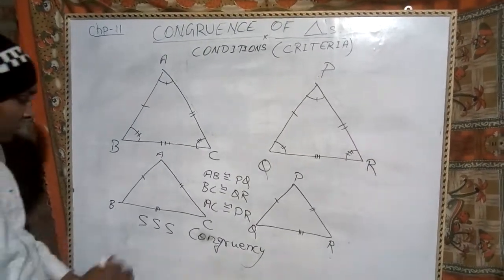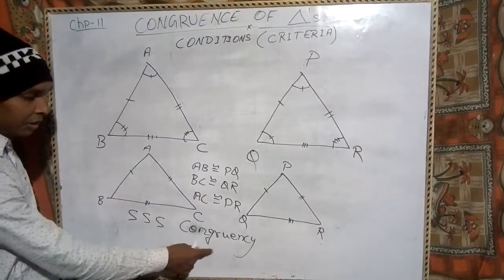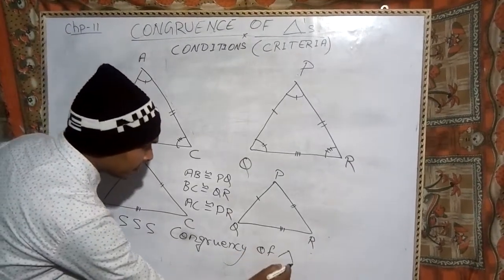This is called SSS congruency of triangles.